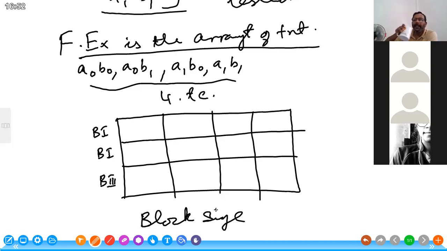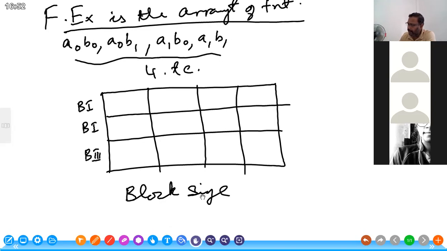In RCBD, block size is equal to what? Here in this example, what is the block size? How many blocks are there? That you can see directly. How many blocks are there? 12. No, I'm asking how many blocks are there? 3. 3 blocks. So this is block 1, block 2, block 3.